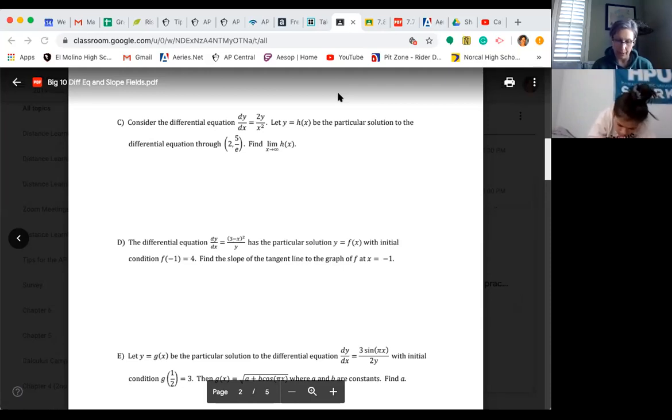So I'm going to make that on the right side a 2 times 1 over x squared dx. And then I'm going to rewrite that as a power function. Instead of 1 over x squared, I'm going to write x to the negative 2. Okay. So you did 2 times 1 over y times dy equals x to the negative 2 times dx.